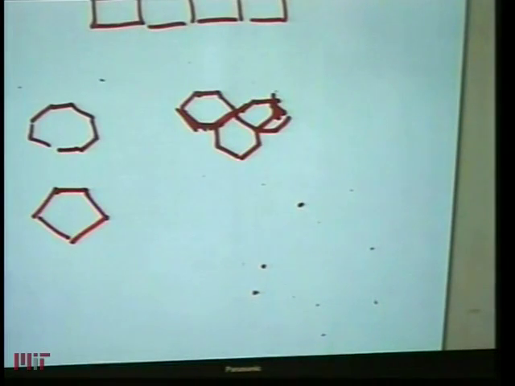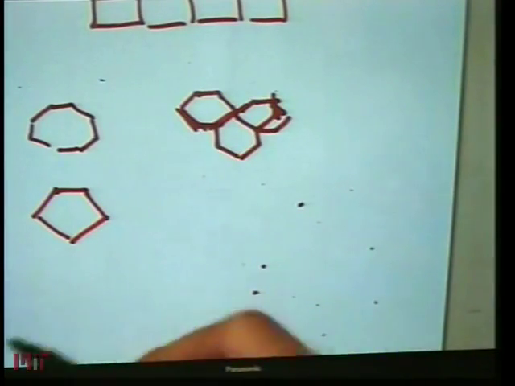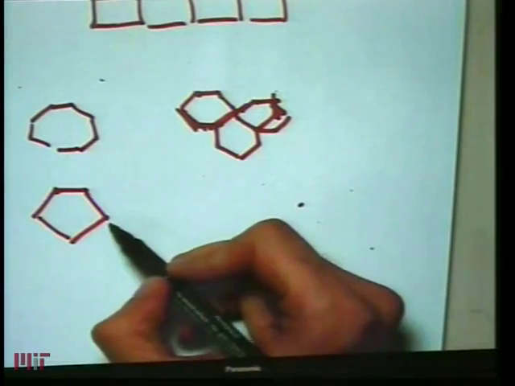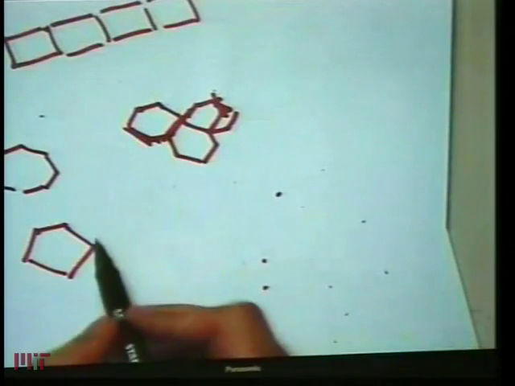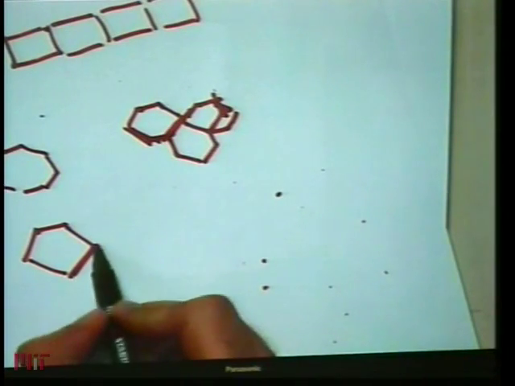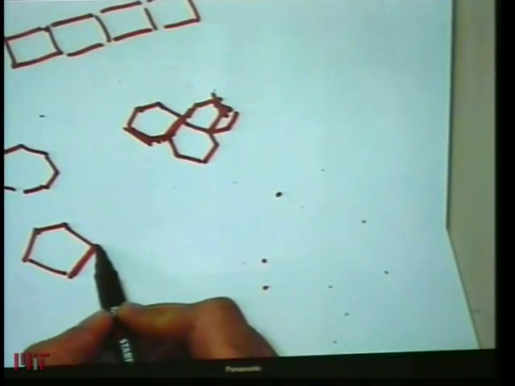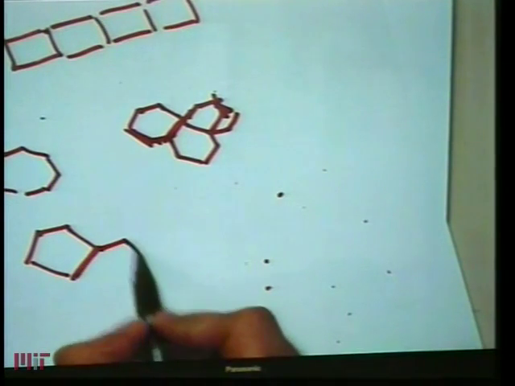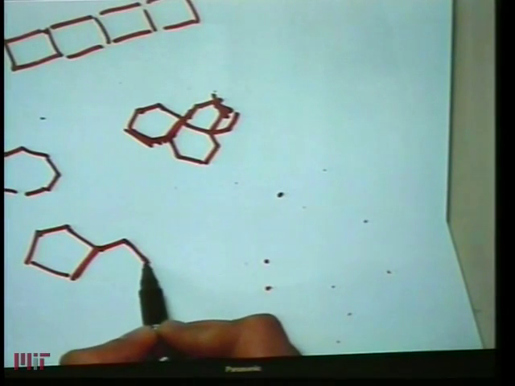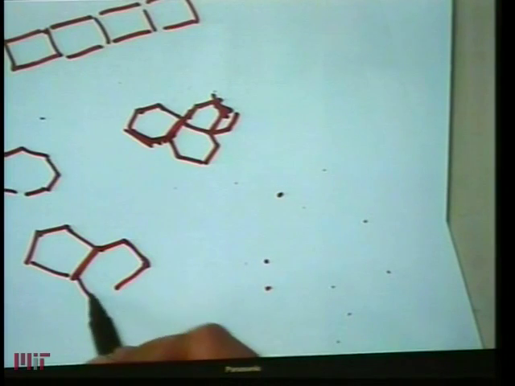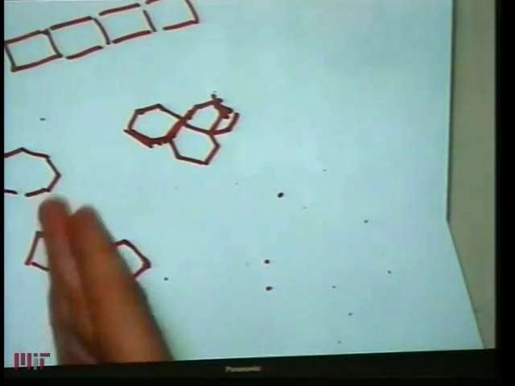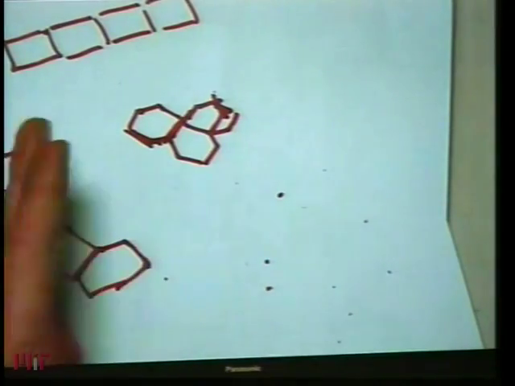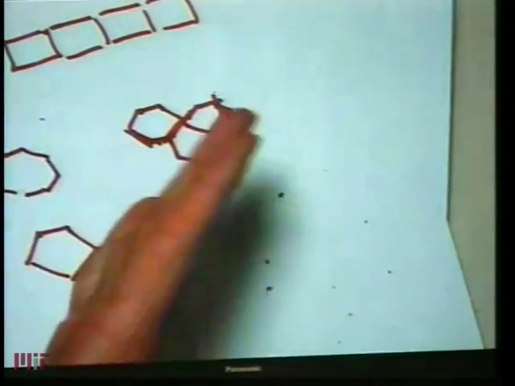So the question is, what will happen if you start sticking pentagons next to each other? Now this will be really impossible for me to do, but you can imagine if you try to stick another identical pentagon next to here, then you will get something like this, I guess. And then you can keep doing it. But you noticed when I did it, I got to stick a pentagon that is slightly rotated.